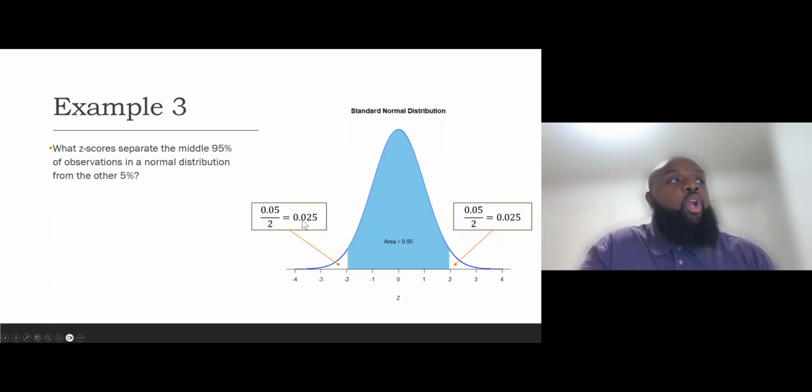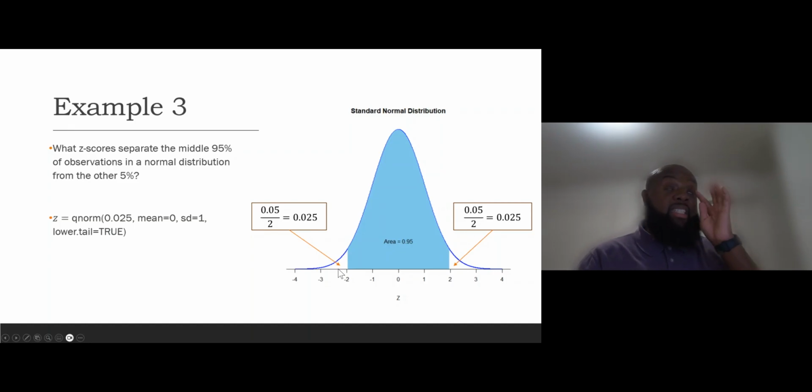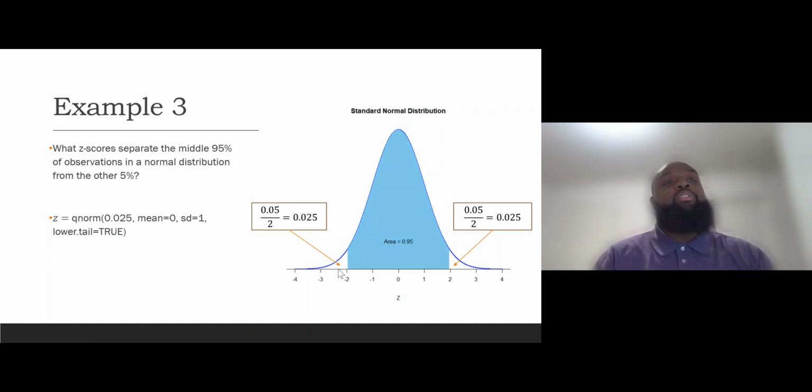So if I want to know the z-score that separates this bottom shaded region from the unshaded region, then I'm going to use this 0.025, and I'm going to use lower.tail equals TRUE, right? Because this is on the lower tail. So I'm going to go to my Q norm to get that z-score, 0.025, lower.tail equals TRUE.